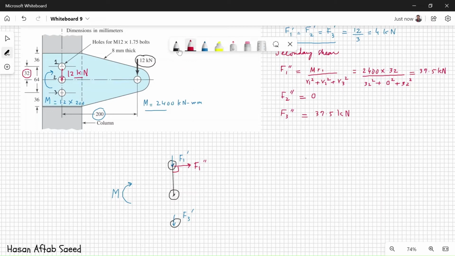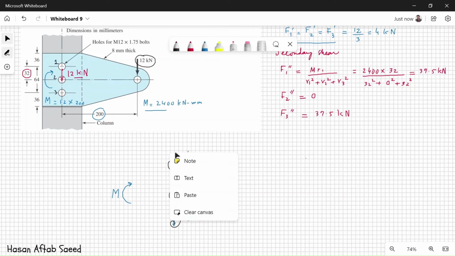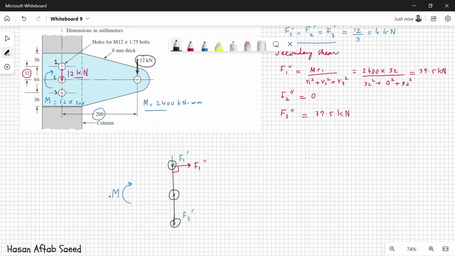Similarly, if we join the centroid of the bolt group with the center of the third bolt, and considering the direction of M, which is clockwise, F3 double prime will be again perpendicular but in the opposite direction.